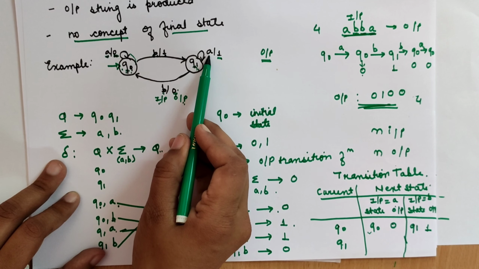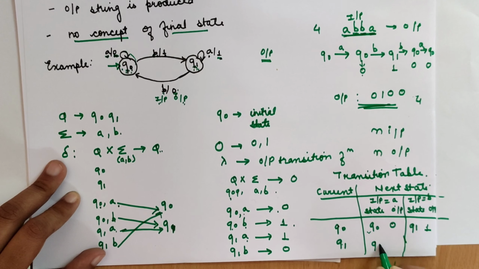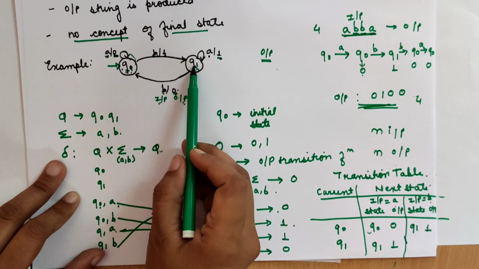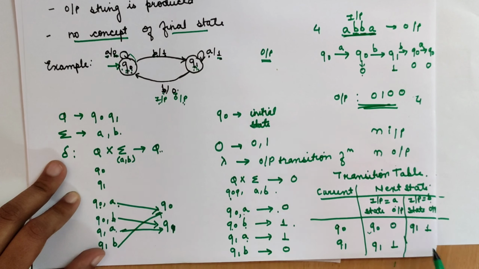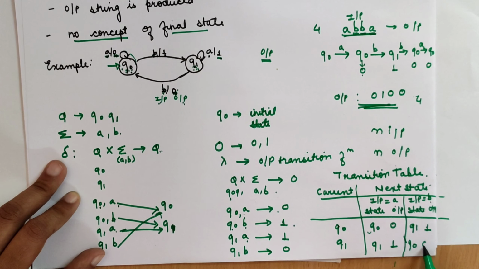Q1 on input A is going to Q1 and producing the output 1. So write down Q1 and 1. Q1 on input B is going to Q0 and producing the output 0. So this is the transition table for it.